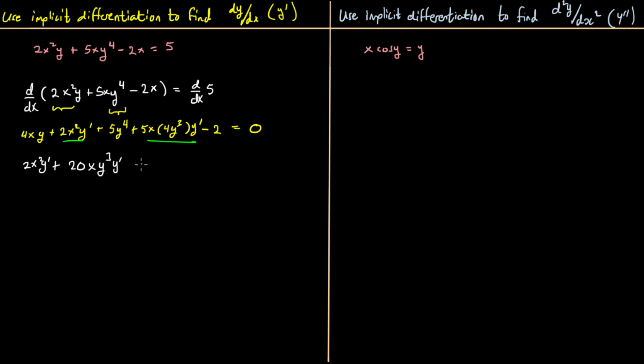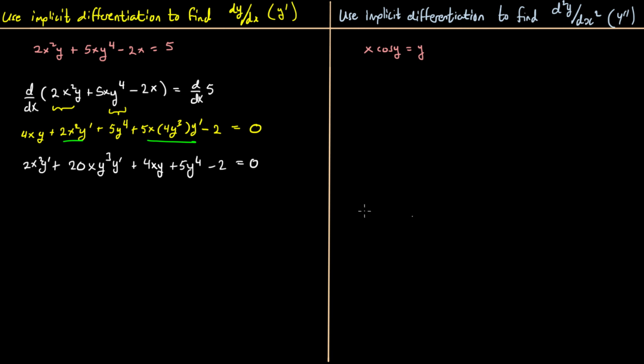So that's going to be plus 4xy, and we have a plus 5y to the power 4 here, and then a minus 2, that's going to be equal to 0. And let's go ahead and finish it up here.